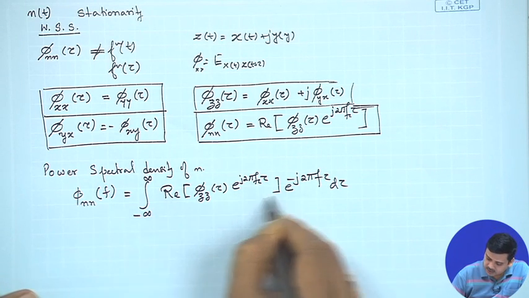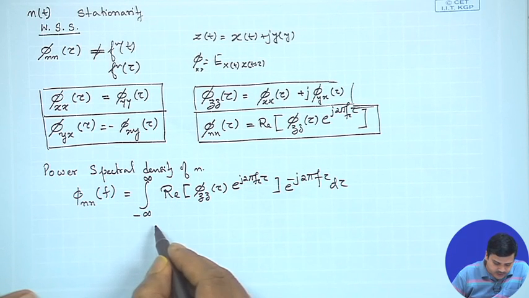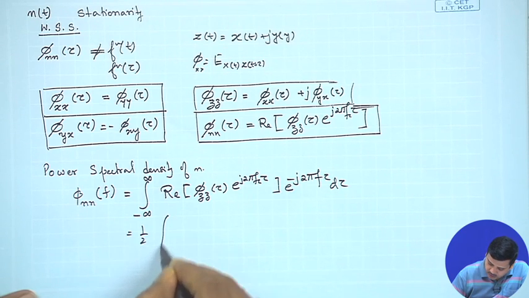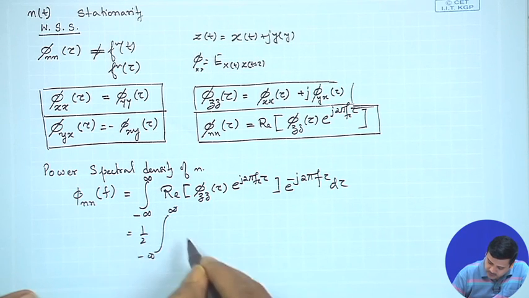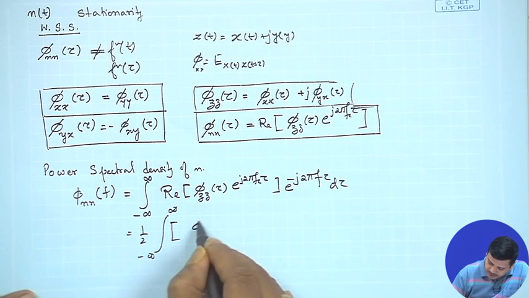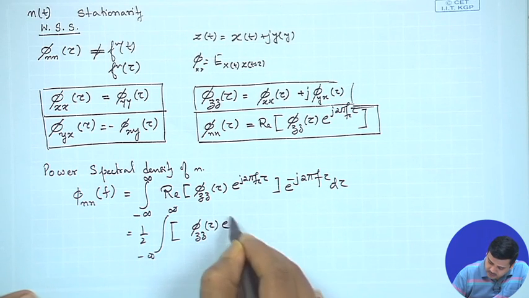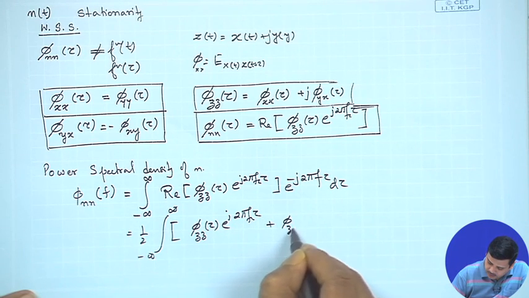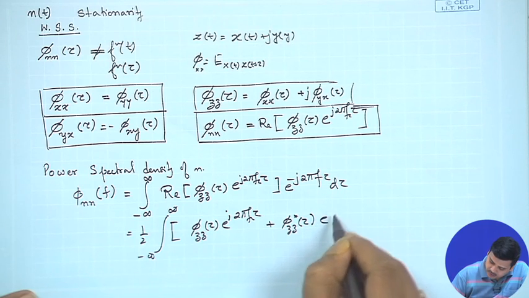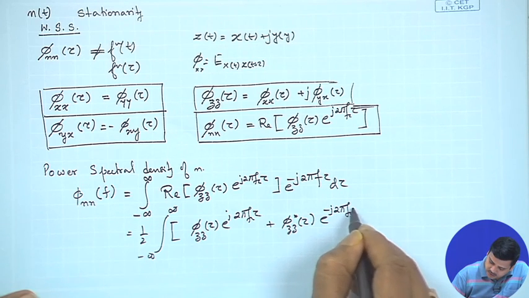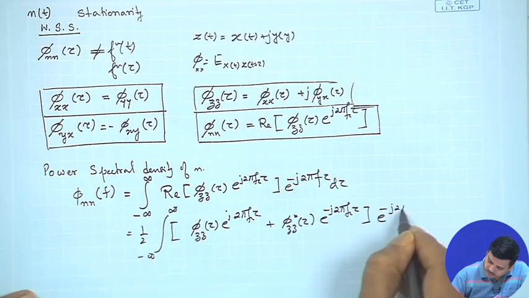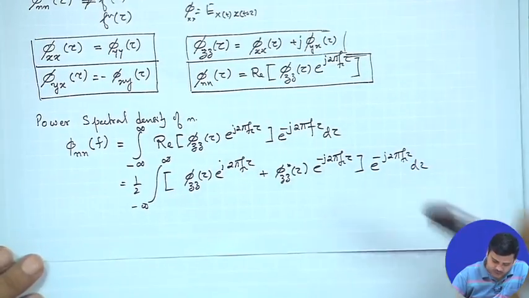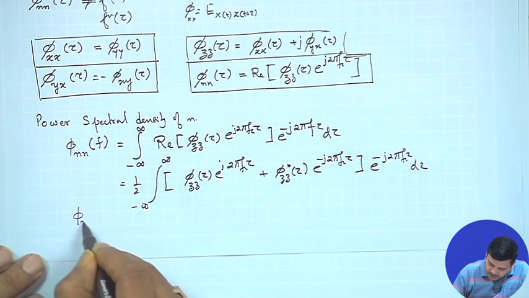Now, this expression we have seen before, so we can straight away say that this is equal to half the integral from minus infinity to infinity of the bracket phi_z of tau e to the power of j 2 pi f_c tau plus phi_z conjugate of tau e to the power of minus j 2 pi f_c tau. This is what we had been doing earlier, so it's not new for you.